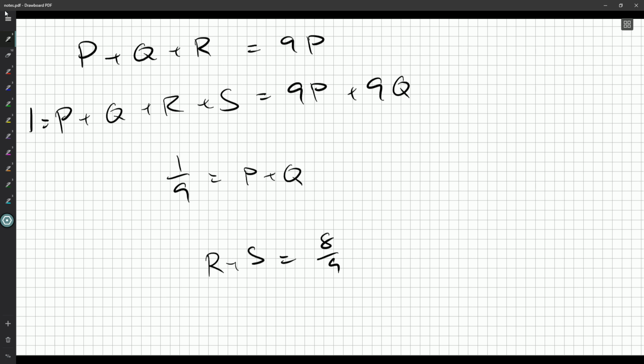But I've got two equations and 4 unknowns. I shouldn't be able to get Q by itself. So that's why we need another equation. S is 9Q.